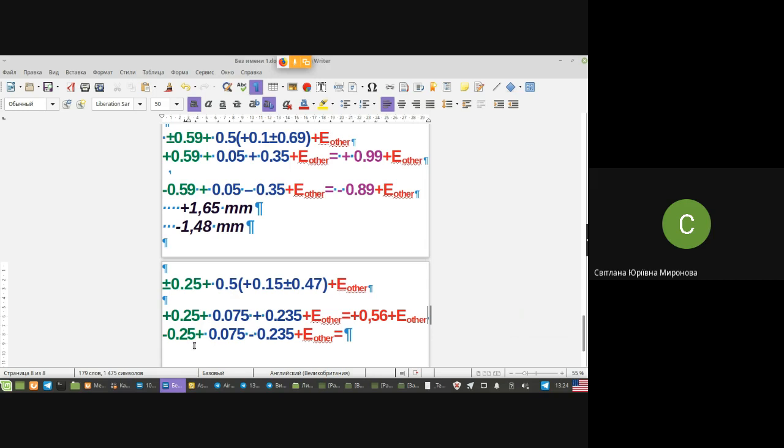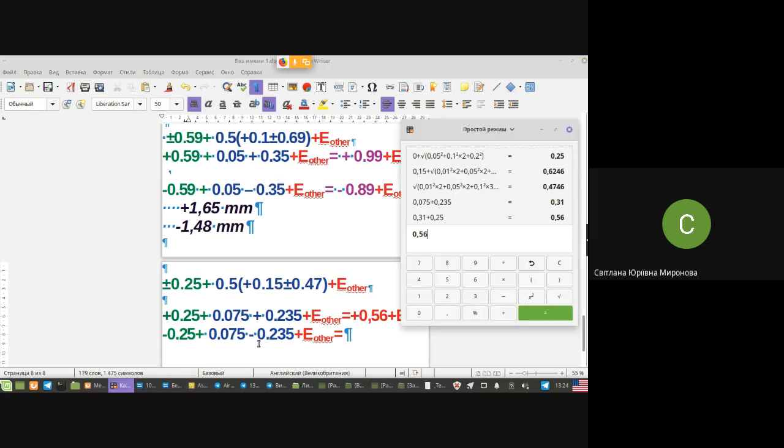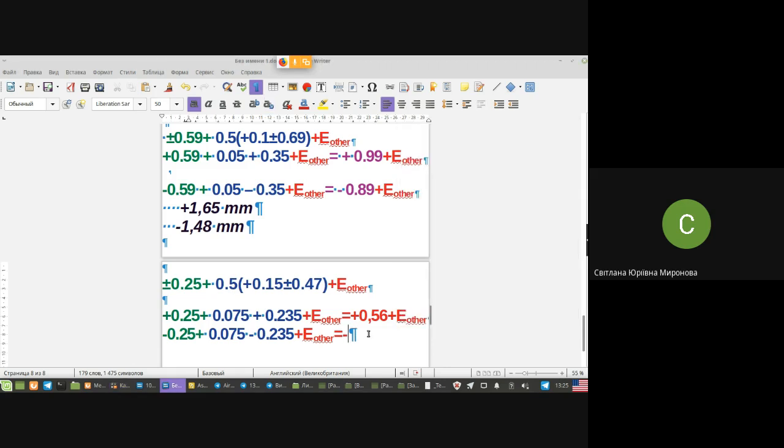Calculator. 2, 3, 5. But look. Plus 0.75 minus 0.235 equal to. You see, minus 16 and minus 25. Minus 41. Here is minus 0.41. 0.41 plus error others.